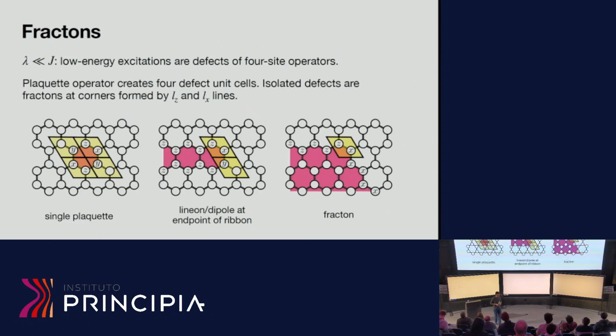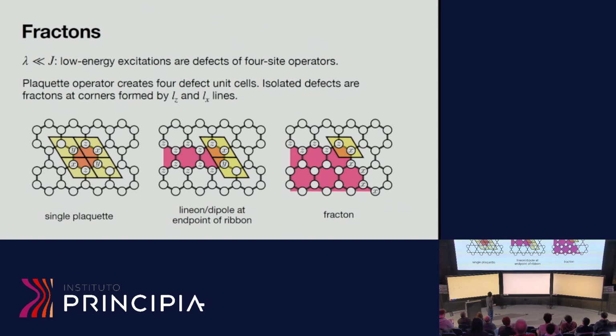Then we can work in the limit where this perturbation lambda is small compared to the interaction parameter that I had in the initial model. In this way, the low energy excitations will be defects of these four-site operators. There are also other types of excitations that violate the constraints on the bonds, but those live at higher energies. Then you can start with the uniform configuration again and ask how many excitations you create by applying the plaquette operators.